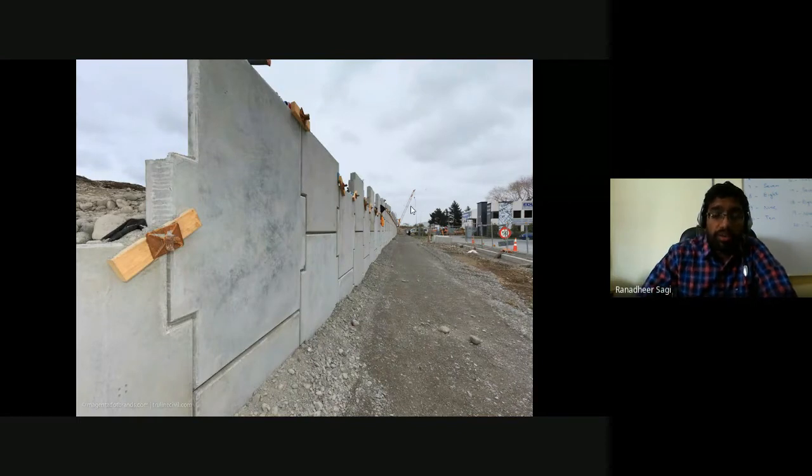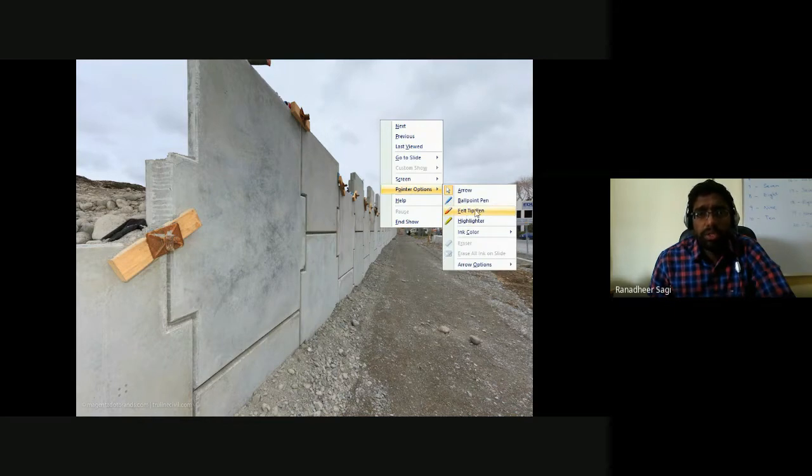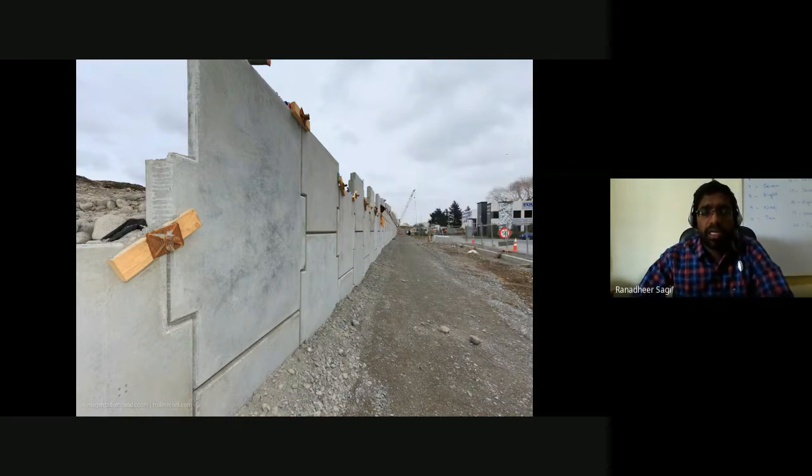In the same way, we are going to come across another type of retaining structure, which I can call your earth retaining wall. Okay, so this particular structure, what I am showing you in this slide, is a kind of retaining wall, or more specifically, you have some panels which are connected one to the other.